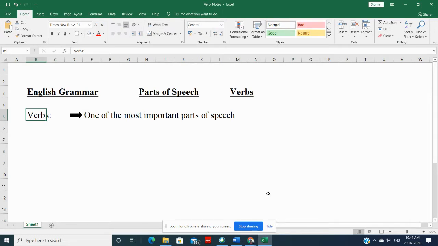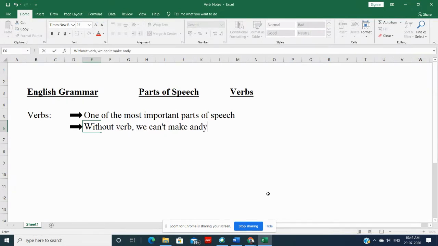It is so important that we can't make any sentence without a verb. It's the most important part of the sentence.